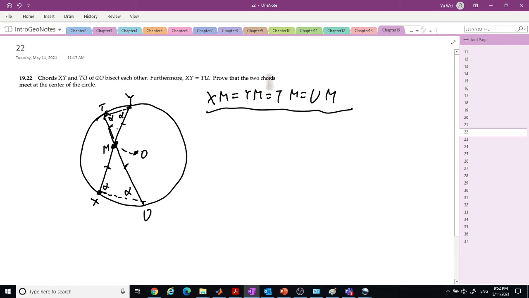So now we know the arc tx is equal to the arc yu, right?